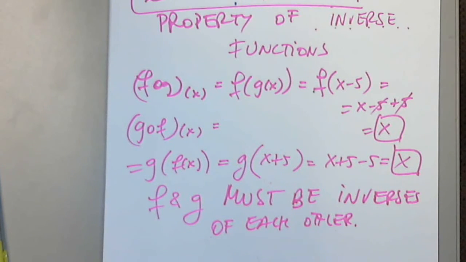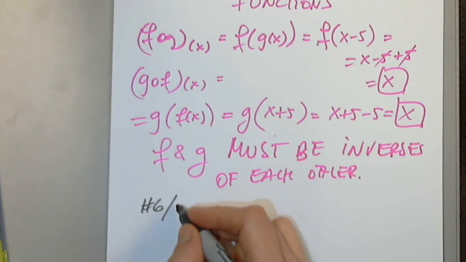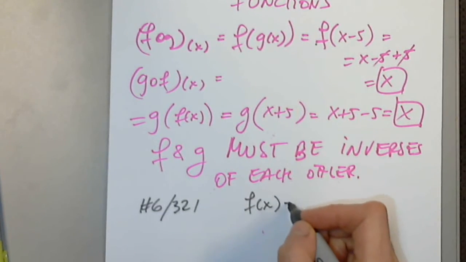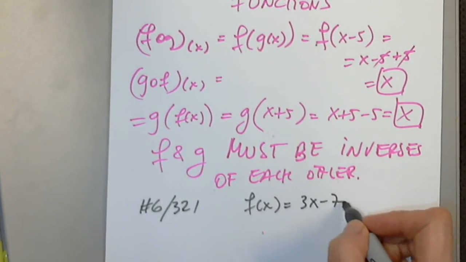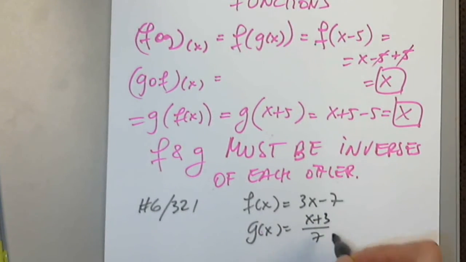Let's just look at the last example, number 6. If I can finish it in 2 minutes, then I'll stop. F of x equals 3x minus 7, and g of x equals x plus 3 over 7. The question is, are these inverses of each other?